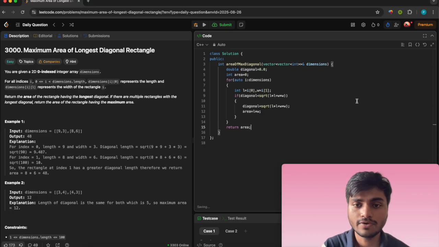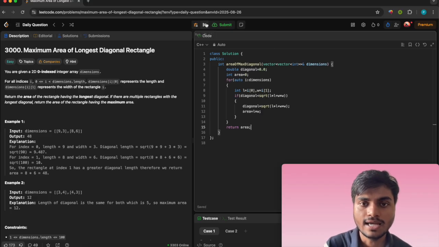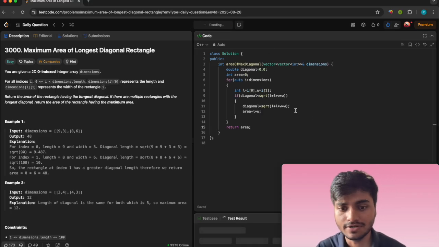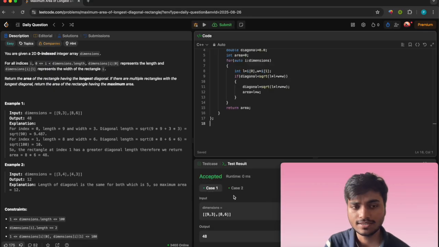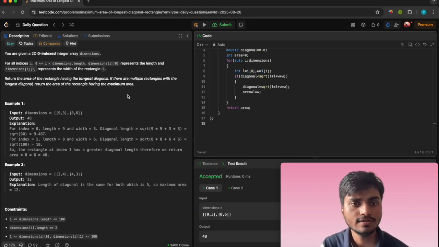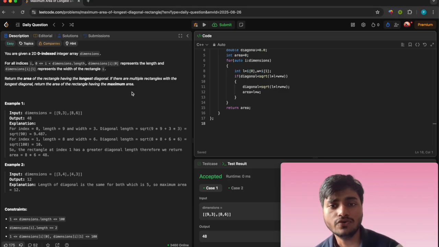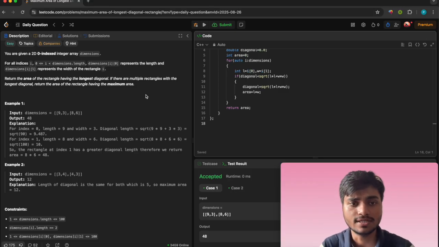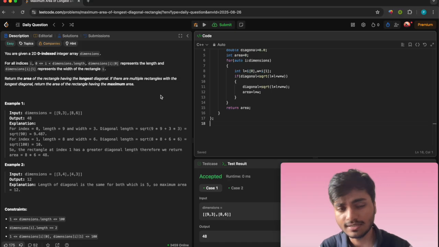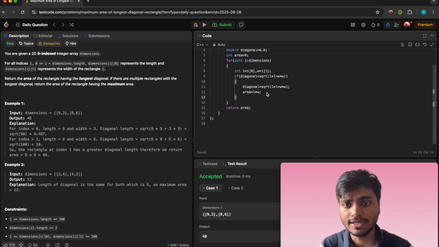Yeah, that's the perfect answer I could deliver here. If you see carefully, we have to think about the case where the diagonal is equal and the maximum area is there, then we have to update that area as well.